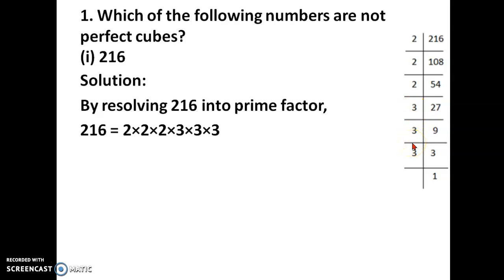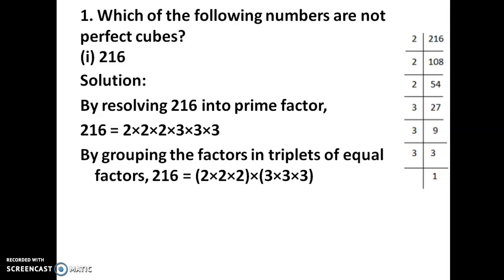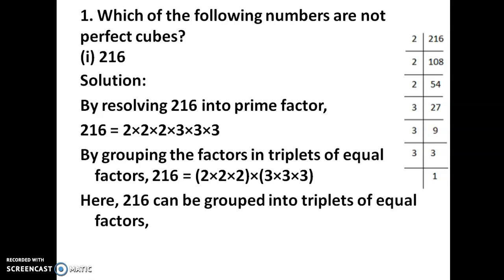If you see here, there are 3 twos and 3 threes. So you can group the factors in triplets of equal factors, that is 2 into 2 into 2 in one set and 3 into 3 into 3 in one set. 216 can be grouped into triplets of equal factors, so this is a perfect cube. 2 into 3 equals 6.